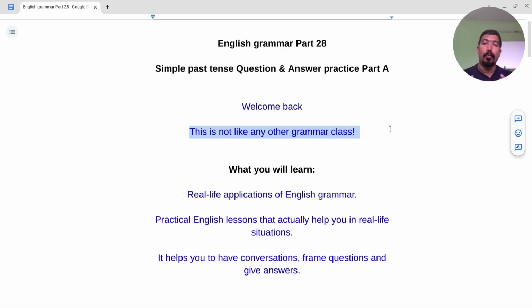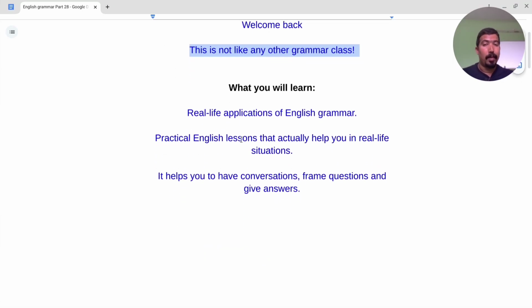So that is what we are going to learn in English grammar, real life situation based grammar, not grammar rules. We may learn a few grammar rules, but 90% you can expect real life situation based grammar. So this is not like any other grammar class, you can be assured about that.